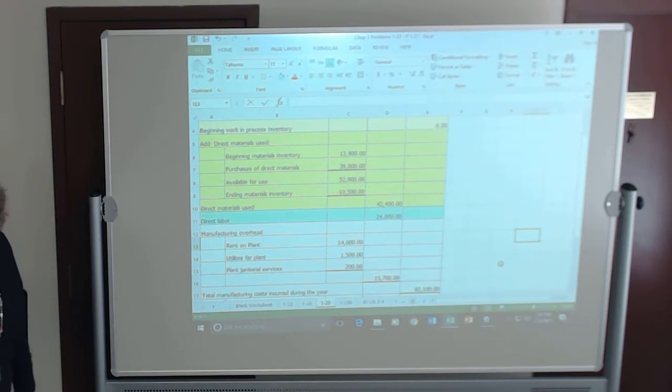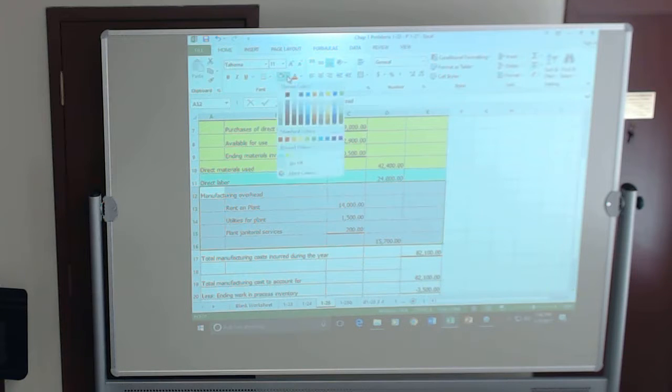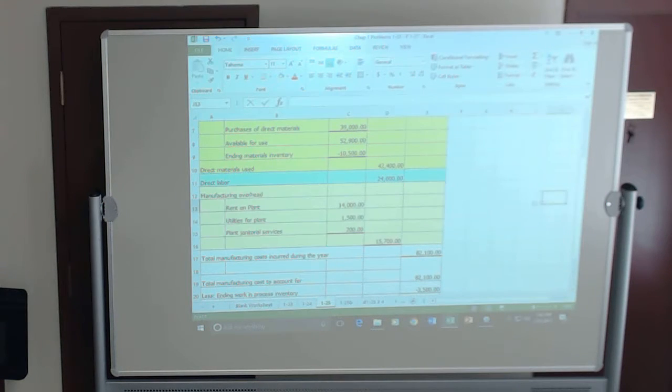So total manufacturing overhead is going to be, not that color, $15,700.